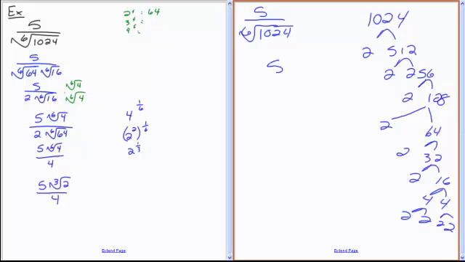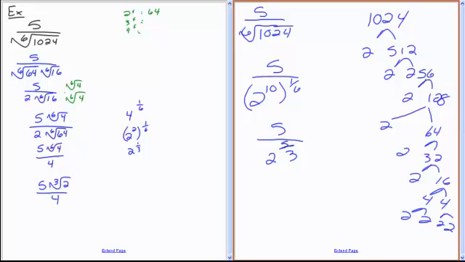So that's the same thing as 5 over 2 to the 10th to the 1/6, which is 5 over 2 to the 5/3. Sorry, 5/3. Since it's in exponent form, I need to get the denominator not to have a radical. So I have 5/3 right now.